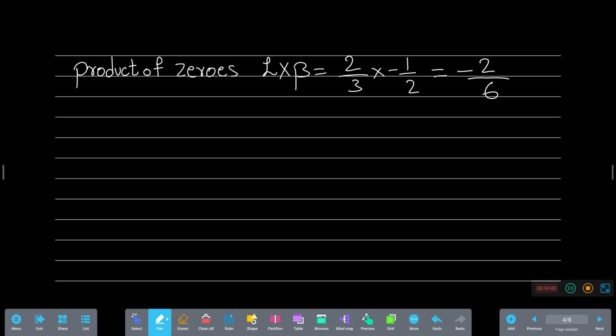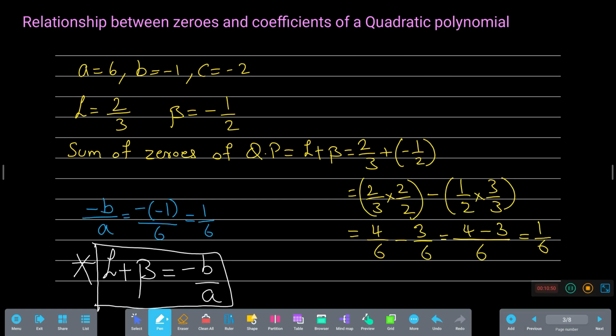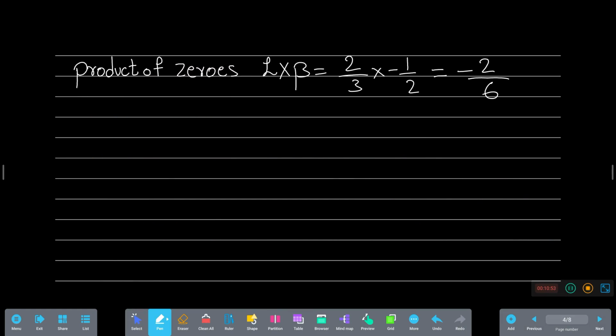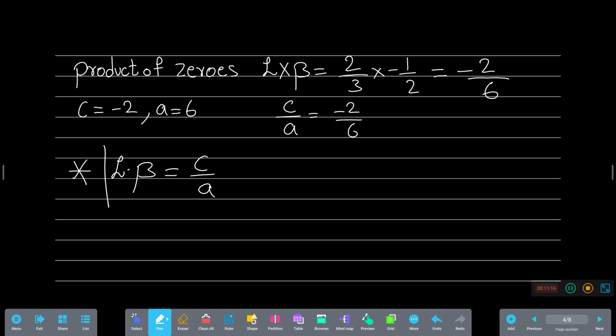If you observe c and a here, c is minus 2 and a is 6. Clearly we can write that as c by a. What is c by a? Minus 2 by 6. So we can easily say that the product of zeros, alpha into beta, will be equal to c by a, right?